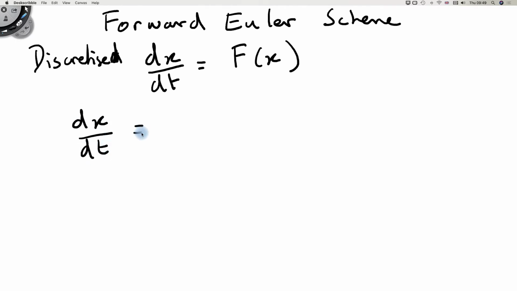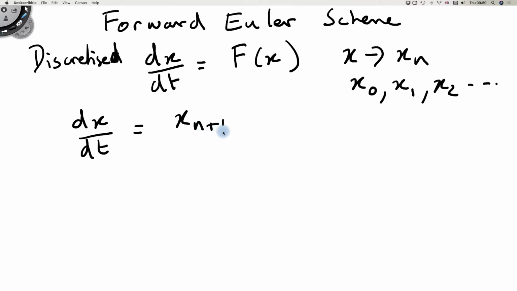So first to say that our x values will go to xn, so x0, x1, x2, and those correspond to each time step. Our dx by dt is xn plus 1 minus xn divided by our time step delta t.